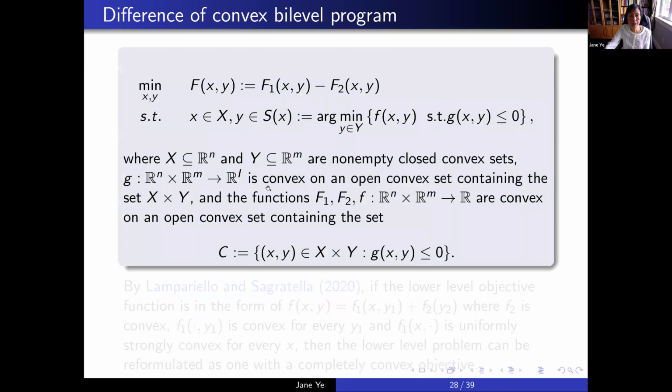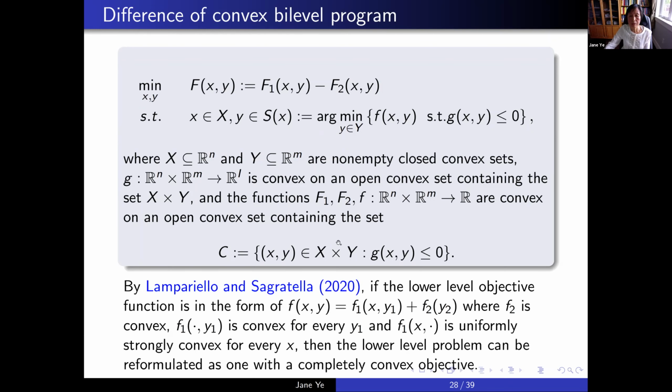So we will study this difference of convex bilevel program. The objective function is now the difference of two convex functions. F is completely convex, and G is also completely convex. We make some assumptions, and you may think there are a lot of restrictions for this formulation.